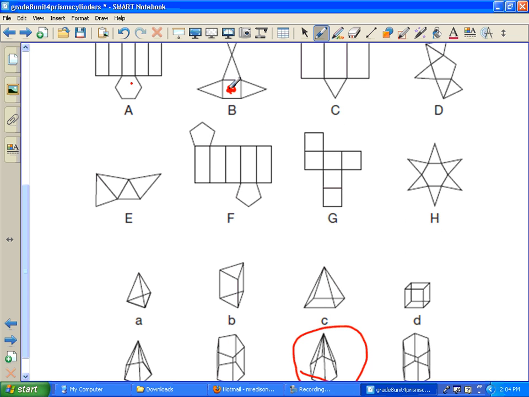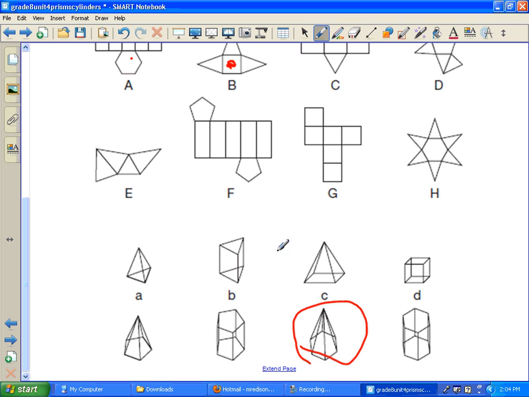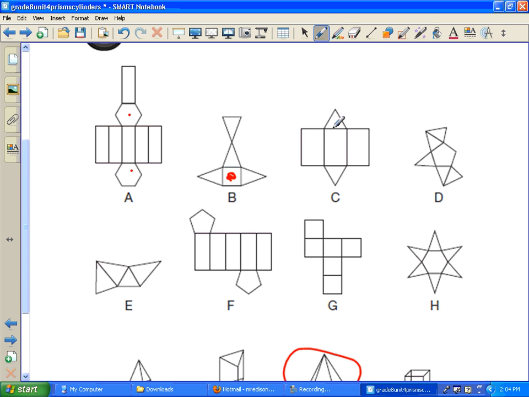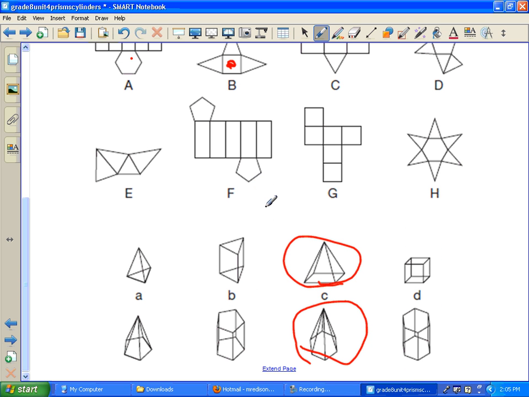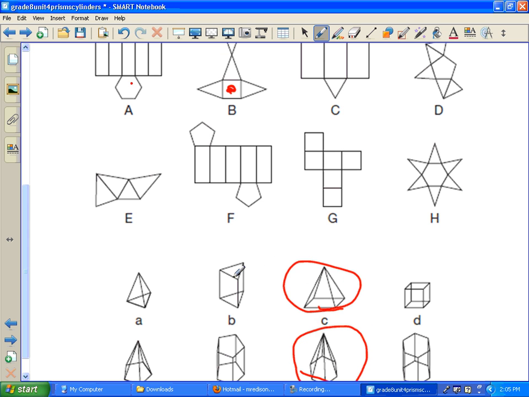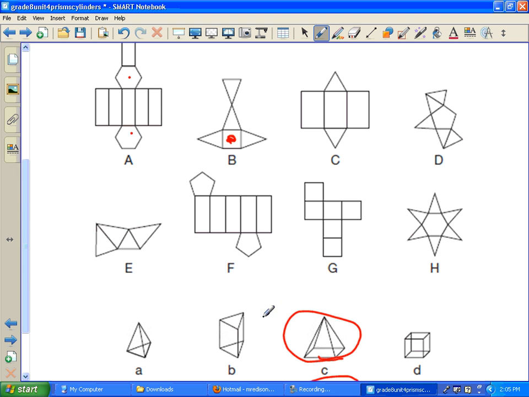So if it's only got 1 square base, you know it's not going to be a prism, it's going to be a pyramid, and that would be this one right here. Now this one has two bases, and they're both triangles, so it's a triangular prism. So let's go down here and find a triangular prism with two triangles for the top and the bottom, and it should have rectangles for each one of the three sides, so right there is your C.